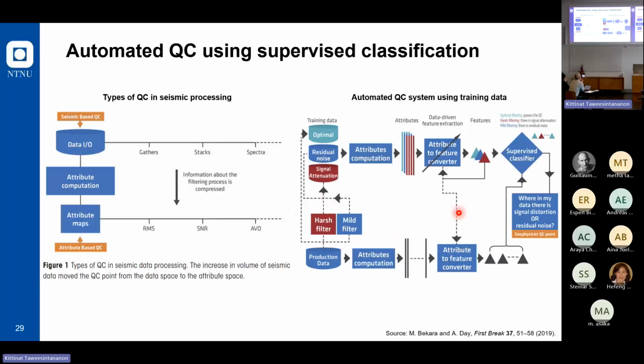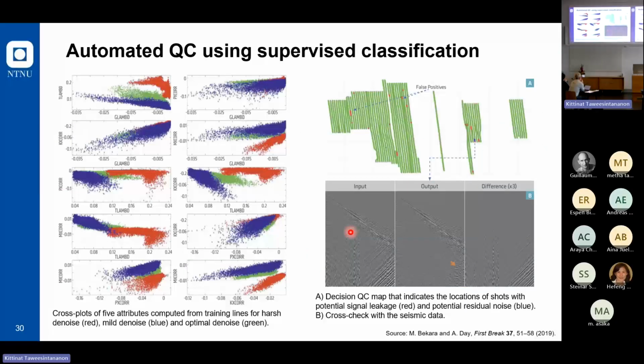So they developed that kind of system, trying to answer that automatically. You don't need to wait for a human to decide which parameter it should be. So it saves time.